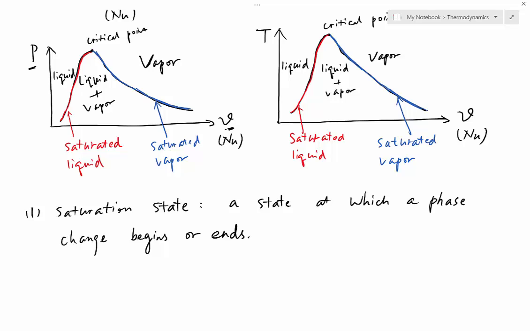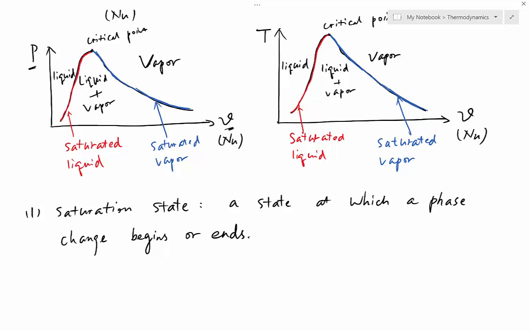So this is the end of a phase change from liquid to vapor, which is also called a saturation state. And this moment is called saturated vapor. Okay, so that's the definition of a saturation state, which helps us understand saturated liquid and saturated vapor.